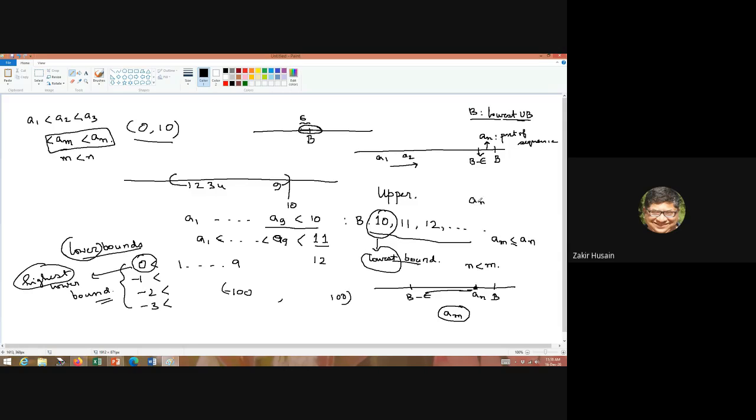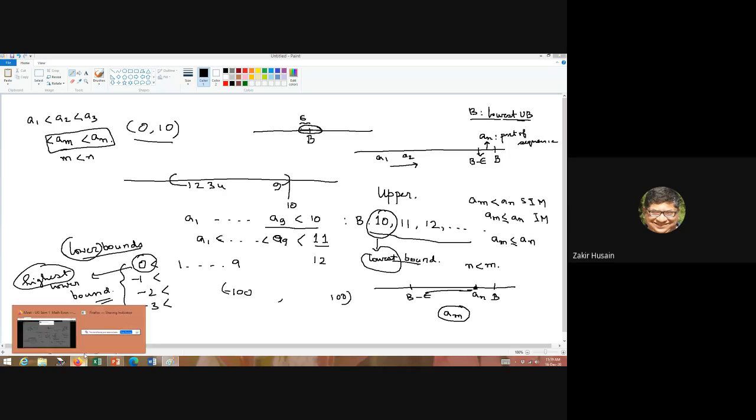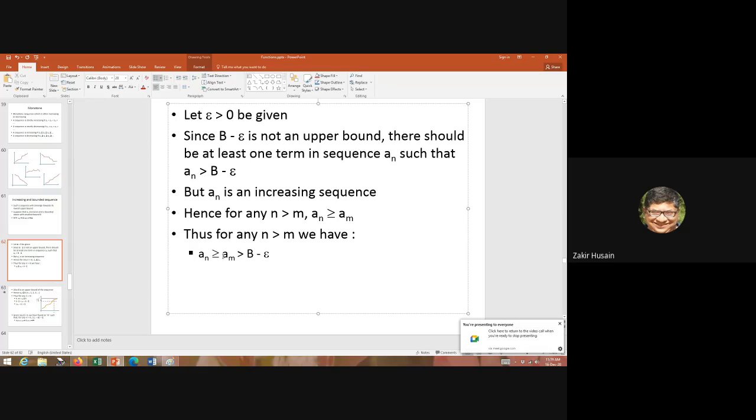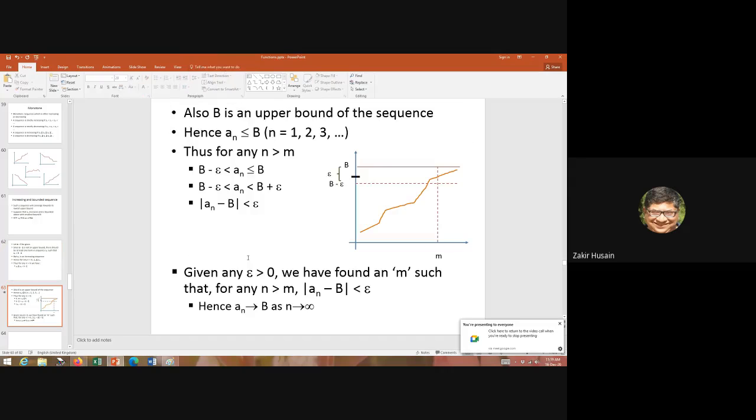So it's strictly increasing monotone, and if it is simply an increasing monotone. So we can write this relation: an greater than or equal to am, which is greater than b minus epsilon.